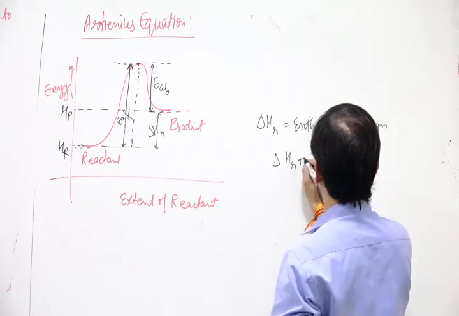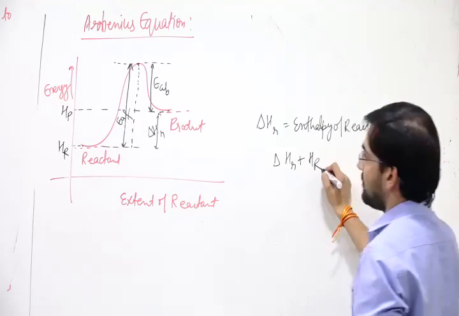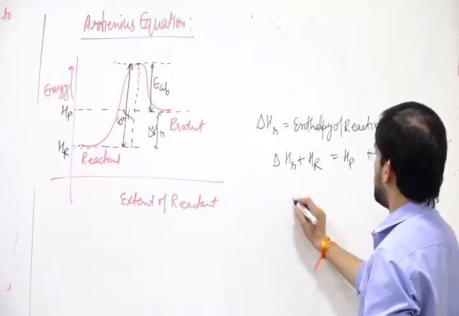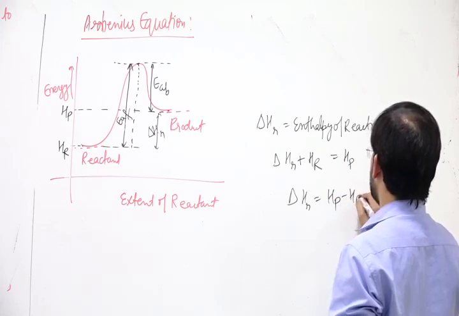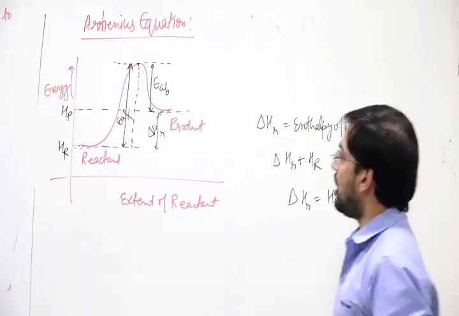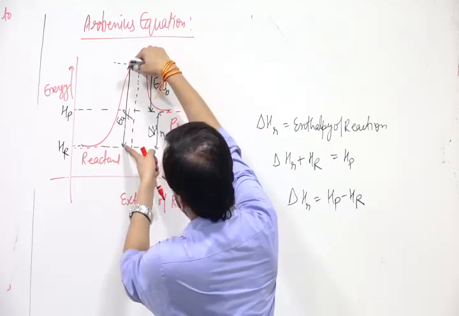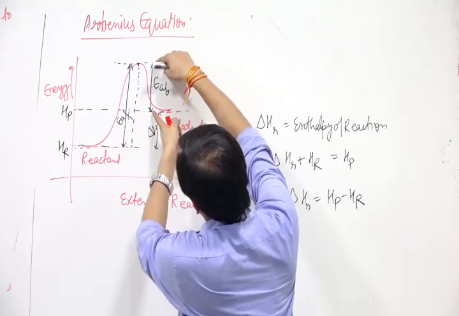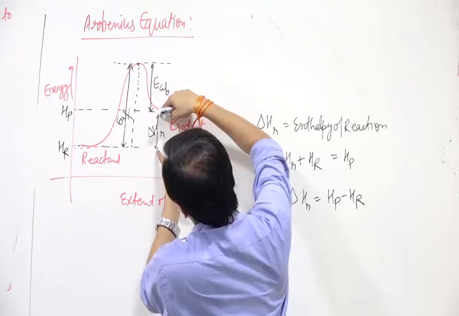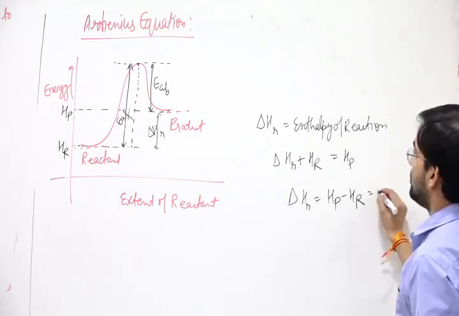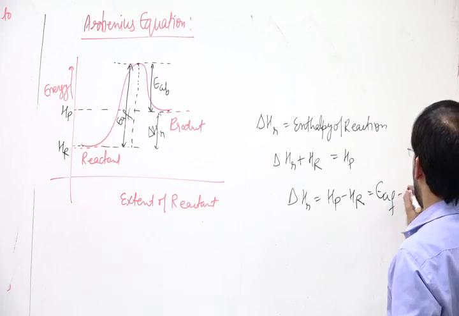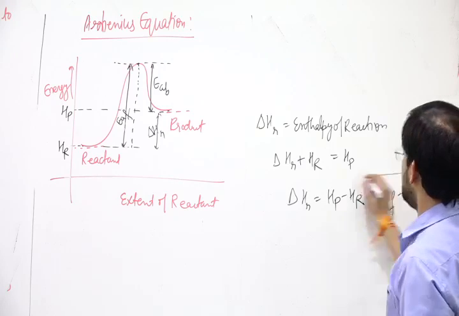Delta HR plus enthalpy of reactant equals enthalpy of product, so delta HR equals HP minus HR. Also, EAB plus delta HR equals EAF. That means delta HR equals EAF minus EAB.